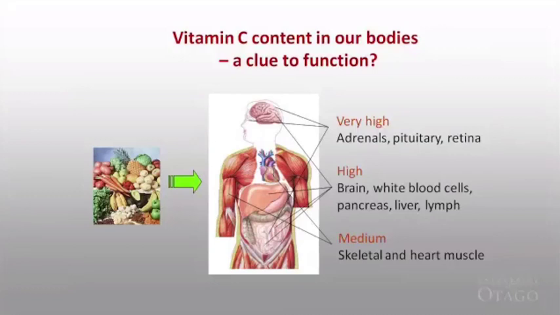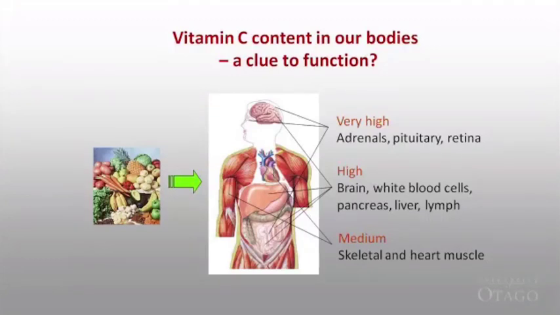So our interest in the neutrophil led us to think about, okay, here's a cell that makes a lot of oxidants. If we look at where vitamin C is in our bodies, we take it in from our food, it gets distributed around our body and taken up into our tissues at various levels.